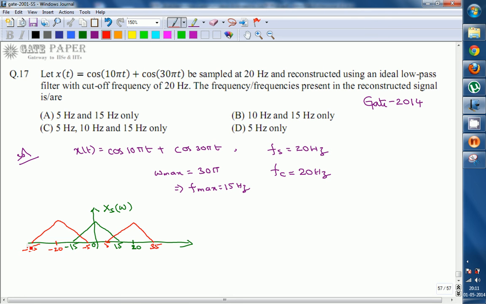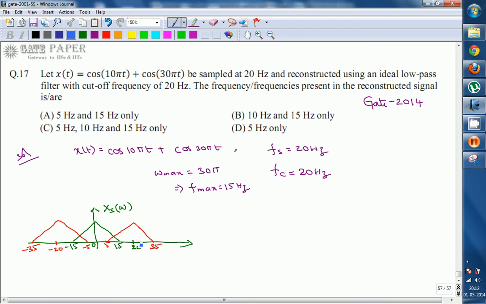Now in order to reconstruct the original signal, they use the ideal low pass filter with a cutoff frequency of 20 Hz.